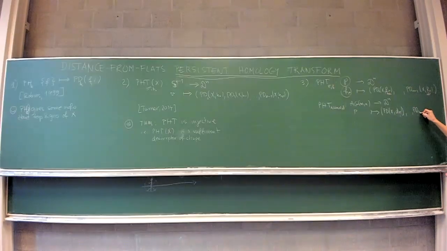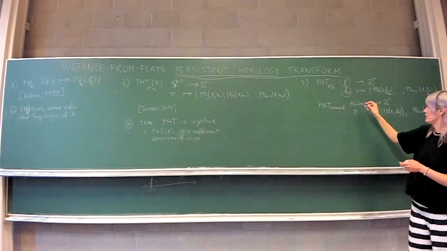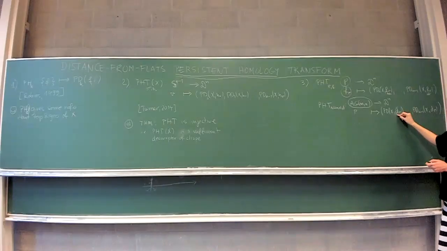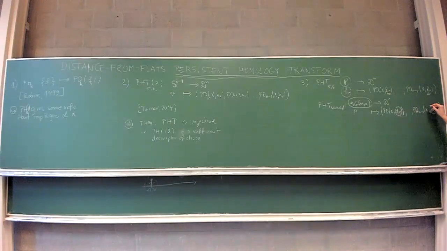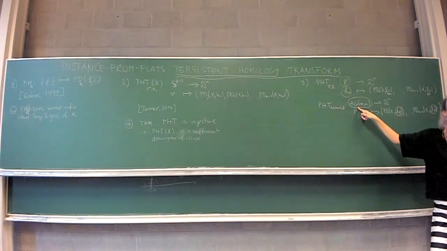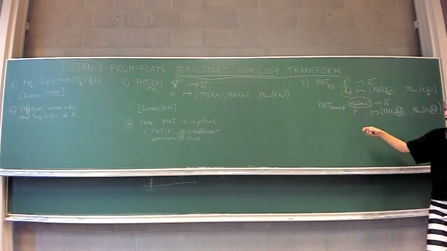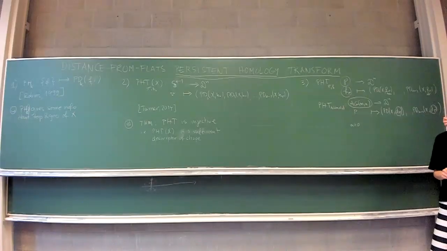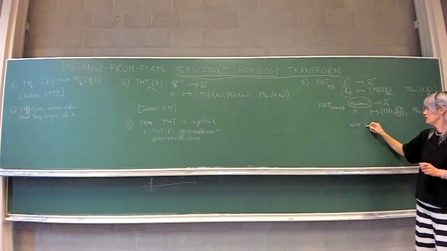Coming to the title slowly. So we are looking at a particular persistent homology transform where we make a particular choice about the domain and about the filtration function. So what are these two things? Well, the Grassmannian of the affine subspaces of dimension m. For example, if m is 0, this is the set of all lines.